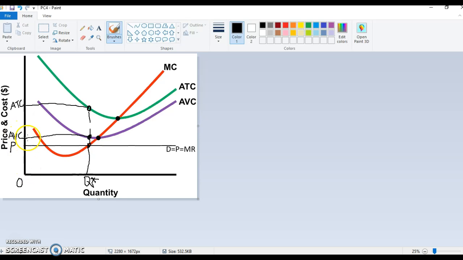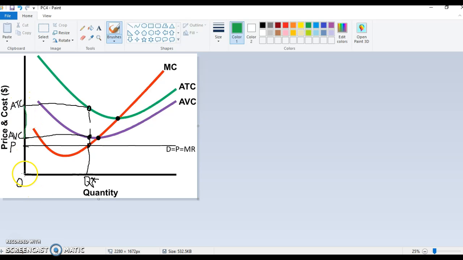Okay, so what's going on right now is that this is the price we are selling each unit for. This is how much it costs us for our variable cost per unit. This distance here, the difference between average variable and average total, is how much average fixed cost it's costing us per unit, and now we're up at average total.